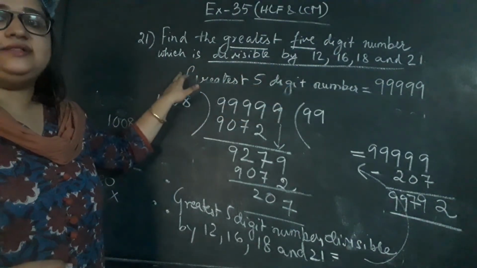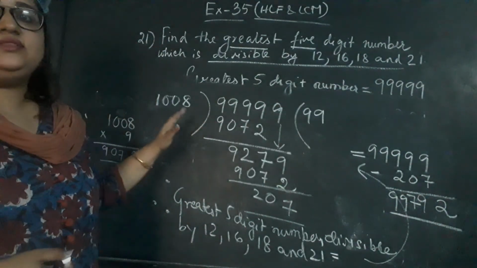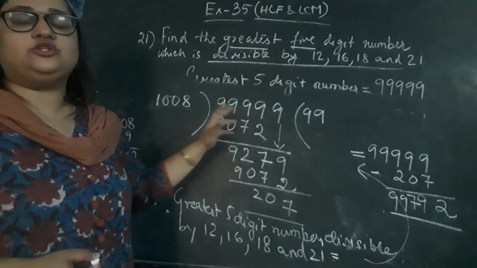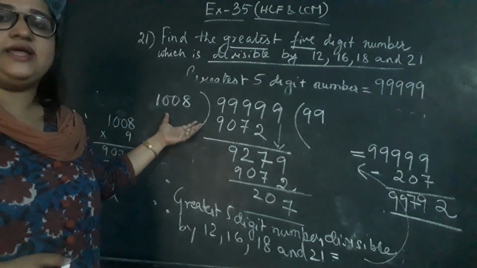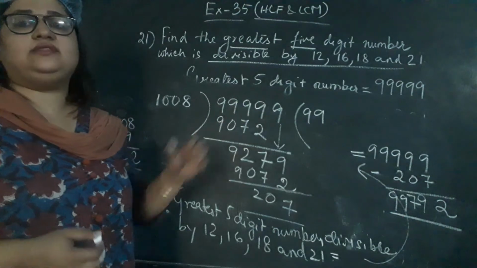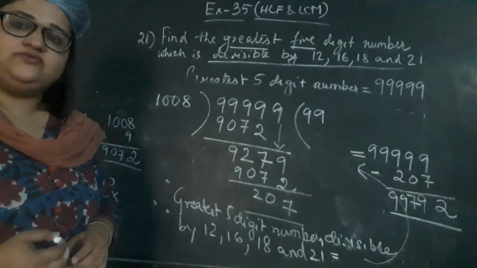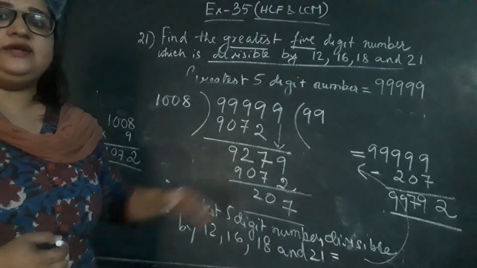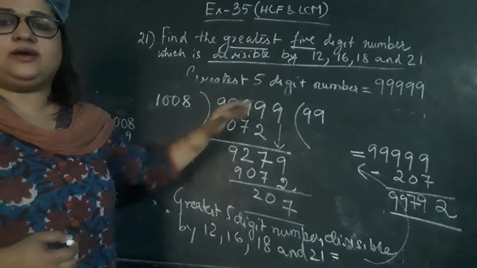Now take the LCM of the numbers which are provided and with the LCM start dividing, because we have to check whether all the set of numbers or its LCM can divide the greatest 5-digit number or not. If it is divisible, no remainder, then it becomes the greatest 5-digit number divisible by all the numbers.